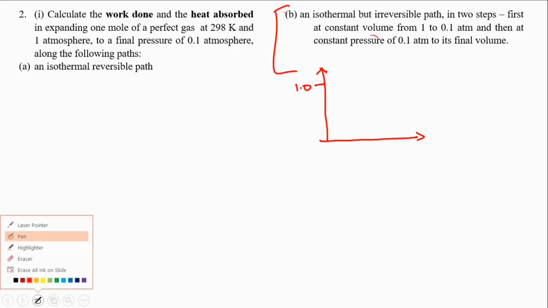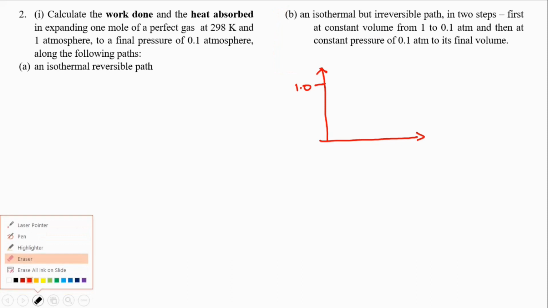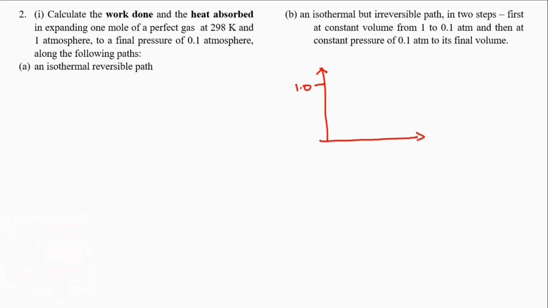Let me just clean this up a little bit. So the pressure is in atmospheres. So we start off at 1 atmosphere, right? So it's in 2 steps. First, at constant volume from 1 to 0.1.